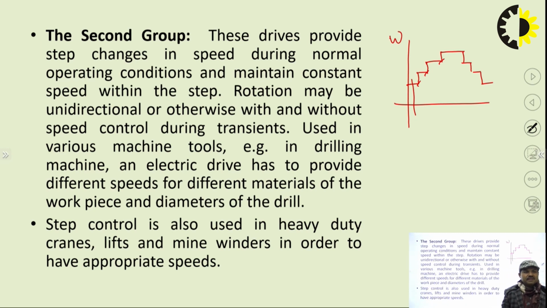So it is used in the various machine tools. Example, in drilling machine. In drilling machine, an electric drive has to provide different speeds for different materials of the workpiece and diameters of the drills. Similarly, step control is also used in heavy duty cranes, lifts, mine winders, in order to have appropriate speed.